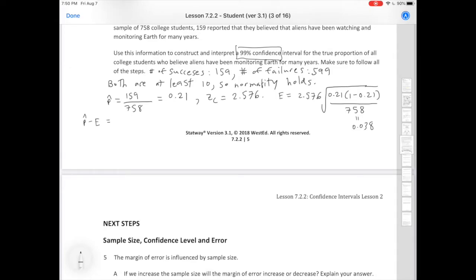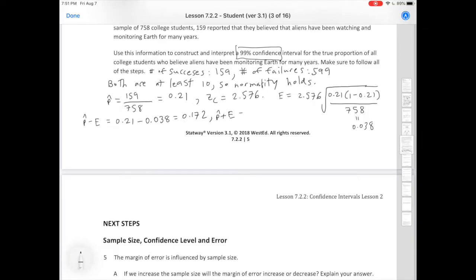Okay. Once you do that, you get your confidence interval, right? So if you do p hat minus e, you get 0.21 minus 0.038, which is, so if I do this in my calculator, 0.21 minus 0.038, you get 0.172.